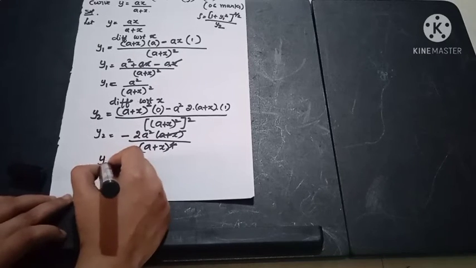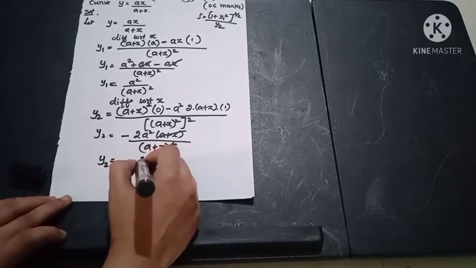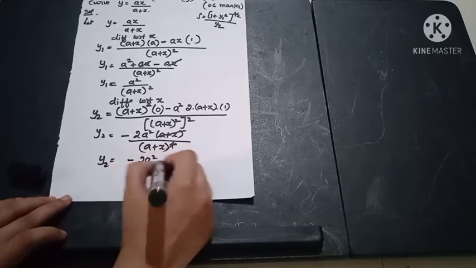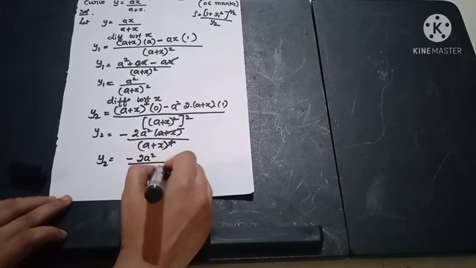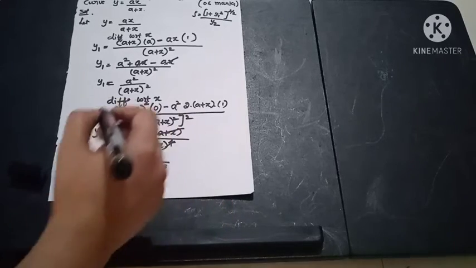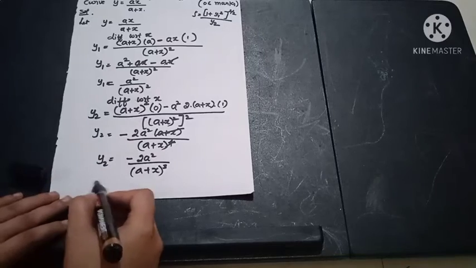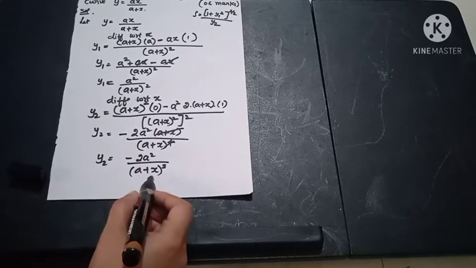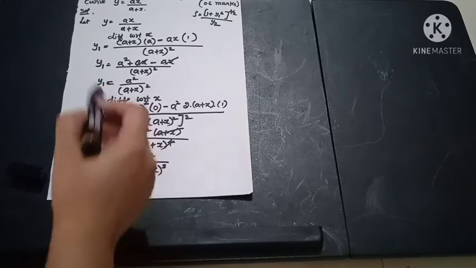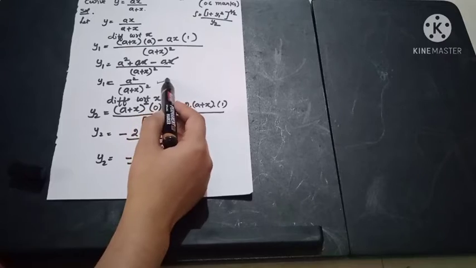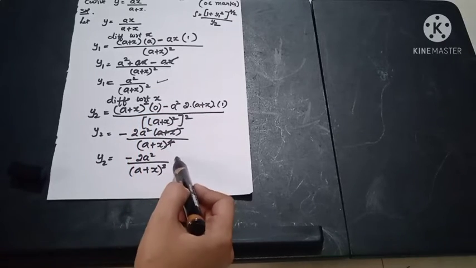So y2 is equal to minus 2a square upon a plus x whole to the power of 3. Now we have got y1 and y2.